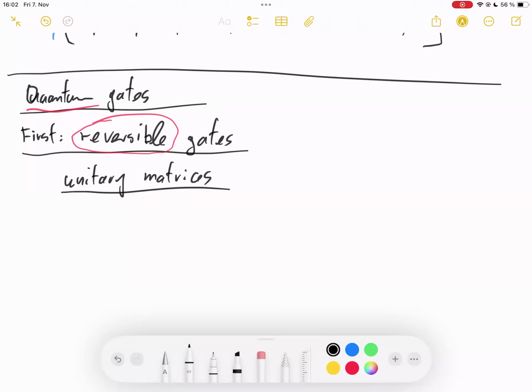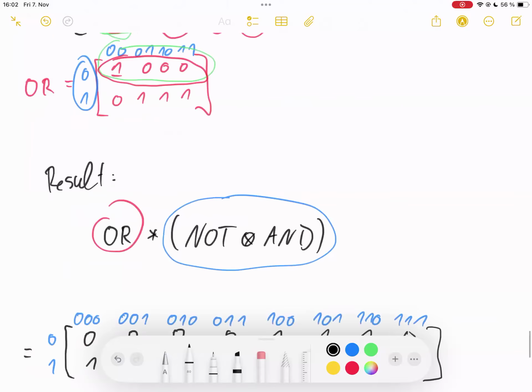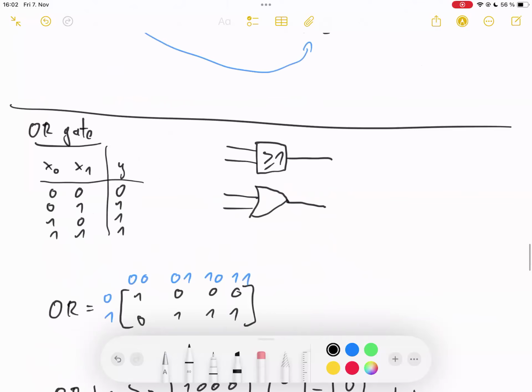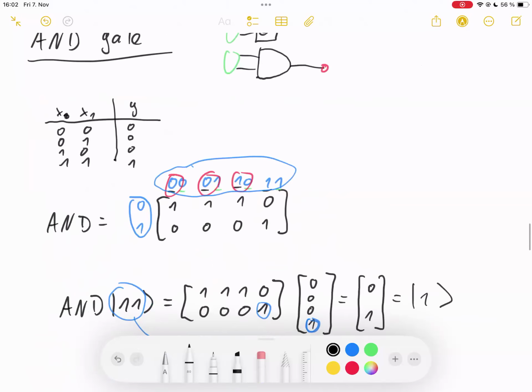The NOT gate we saw is actually also a unitary matrix, by the way, but the AND gate is not reversible. So the matrix of the AND gate is not unitary. It's also not unitary because it's a 2 times 4 matrix, so it anyway cannot be unitary.